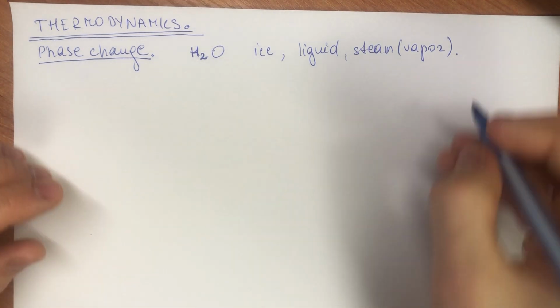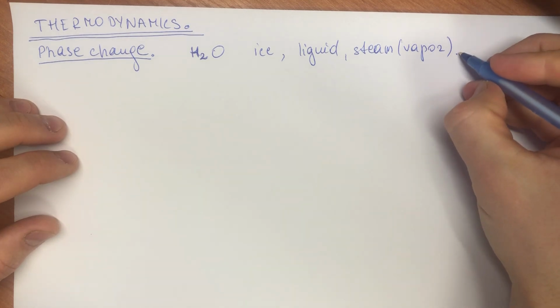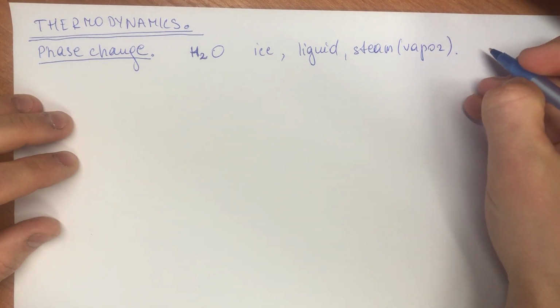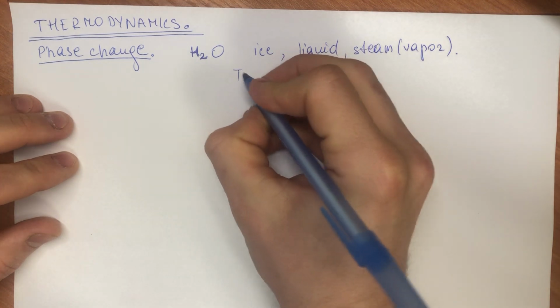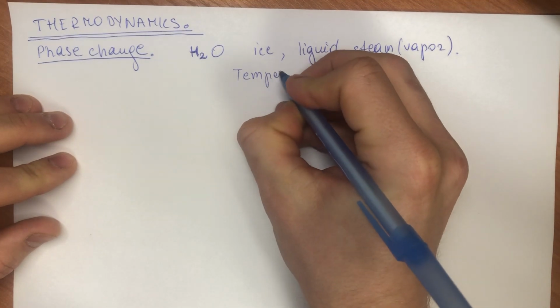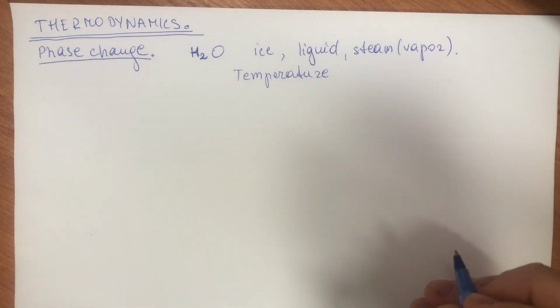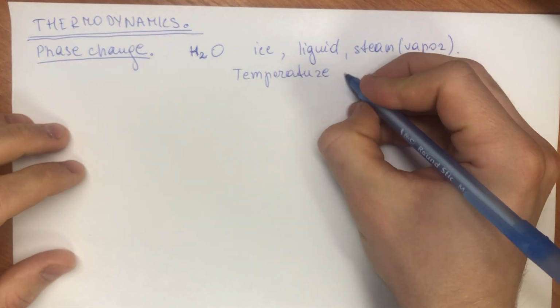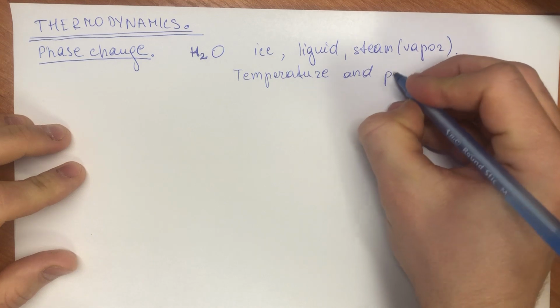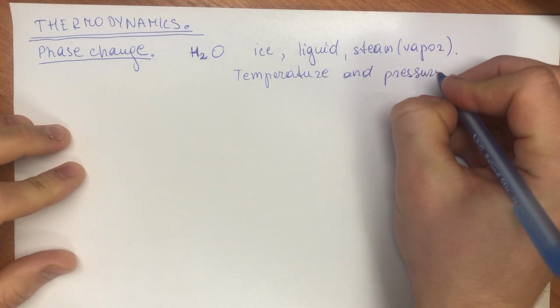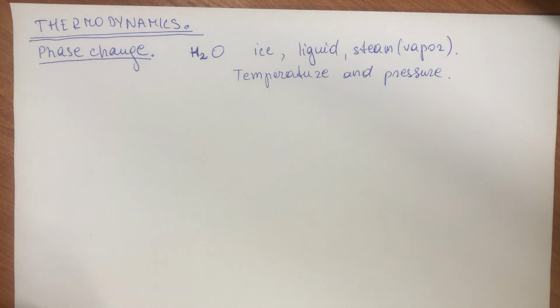So what you know is that phase change occurs due to temperature, but this is also affected by pressure. Temperature and pressure.